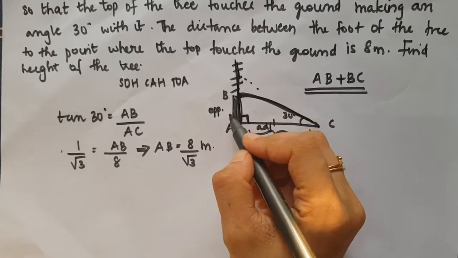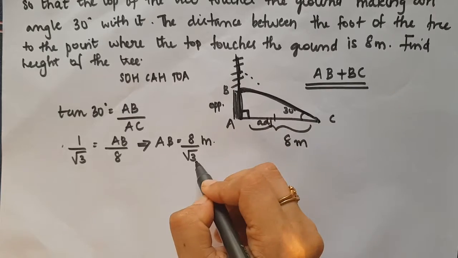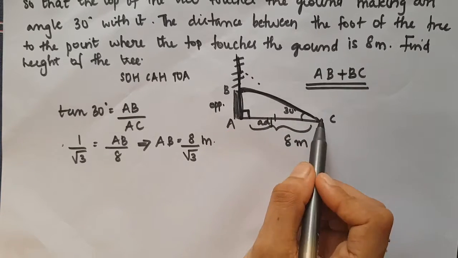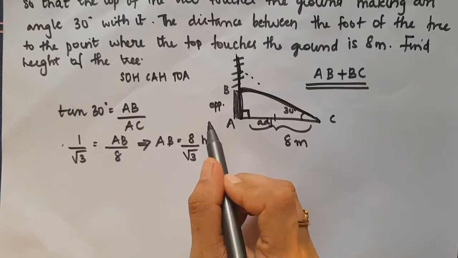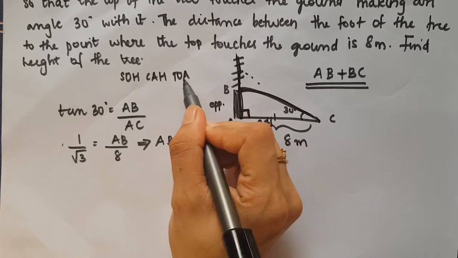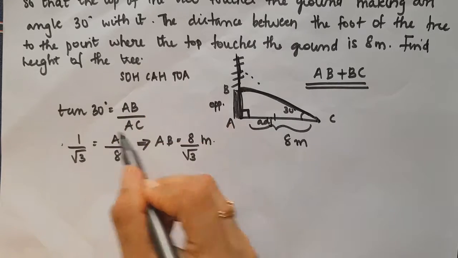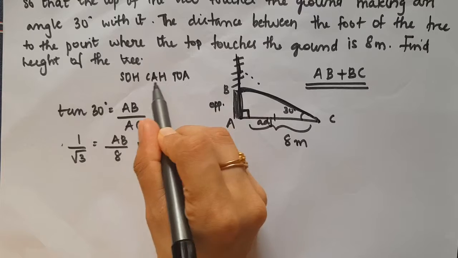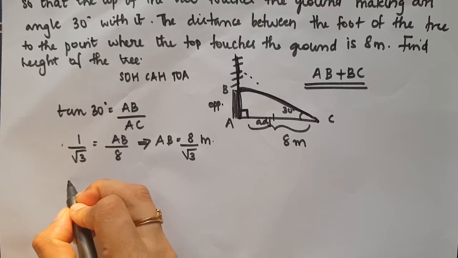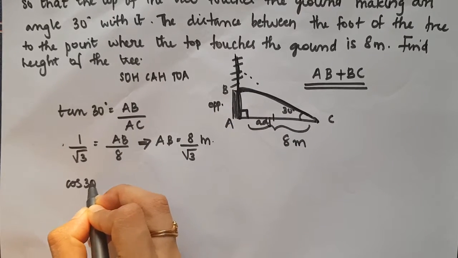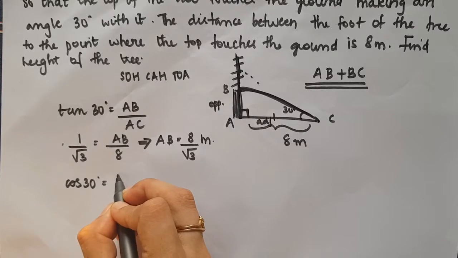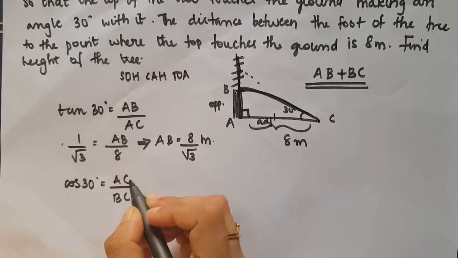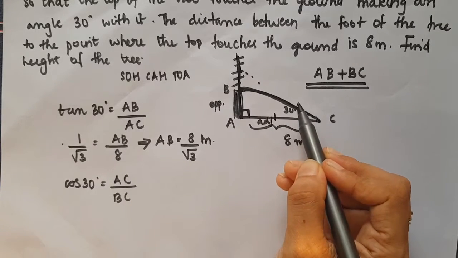Now AB is done, 8 by root 3 meters. Now we have to find BC. To find BC, we can use sine or cos, because both the opposite and the adjacent are known to us. But I'll use cos here. Cos 30 degrees is equal to AC by BC, that is adjacent by hypotenuse.